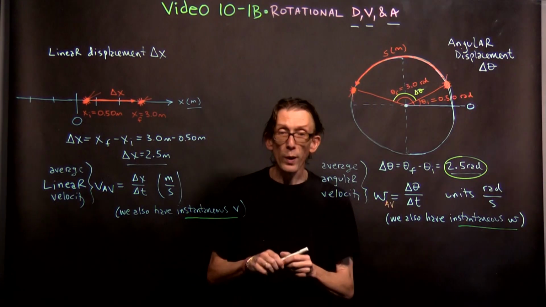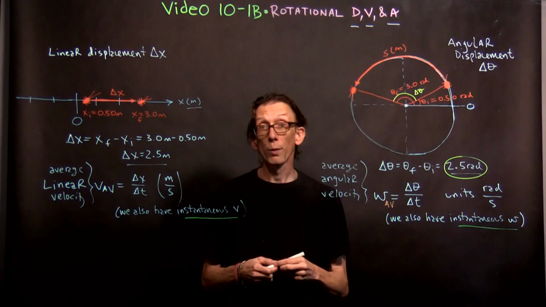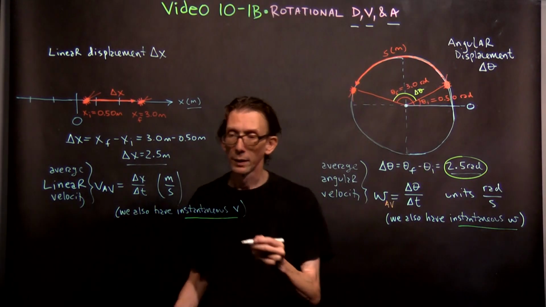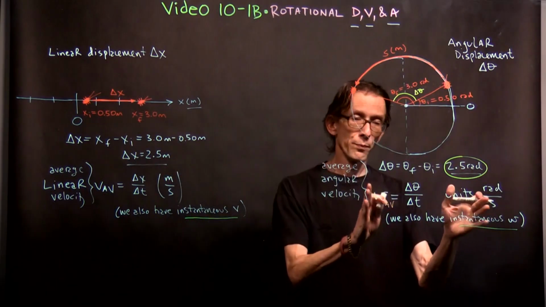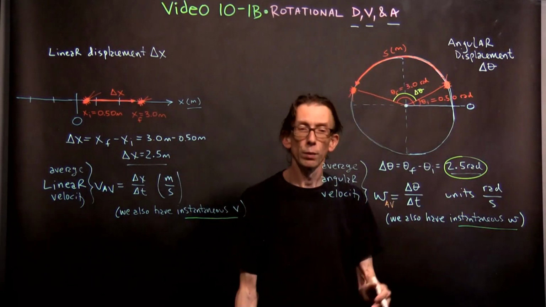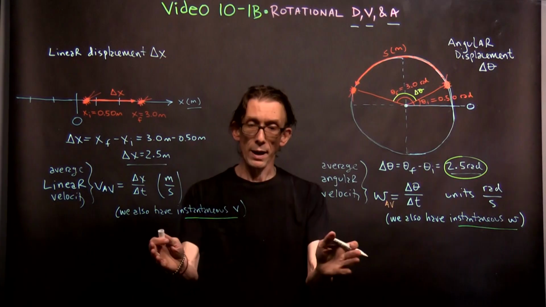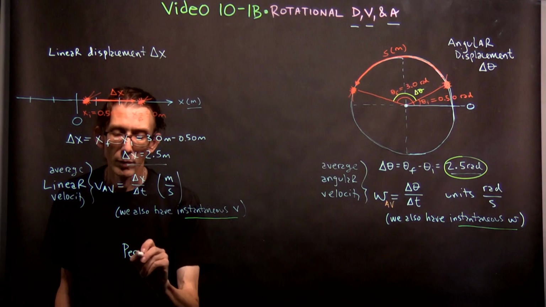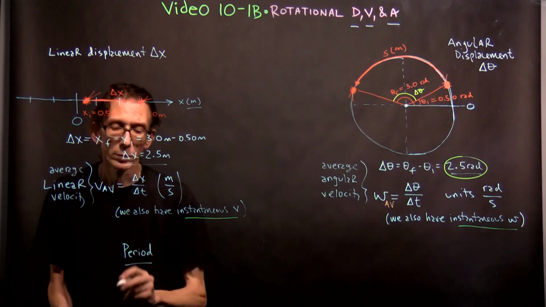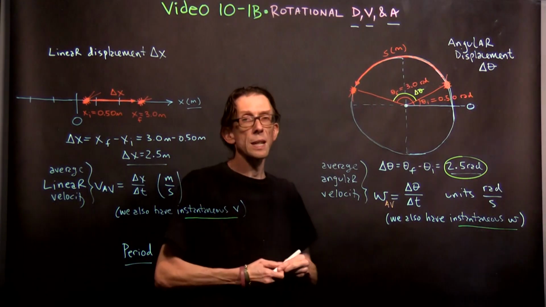The last thing I need to do is introduce to you a term called the period. And this really has to do with angular velocity over here. But I'm going to put it down in the bottom down here, the period. The period is a simple idea.